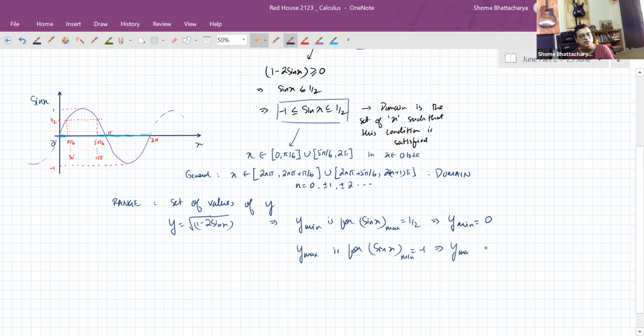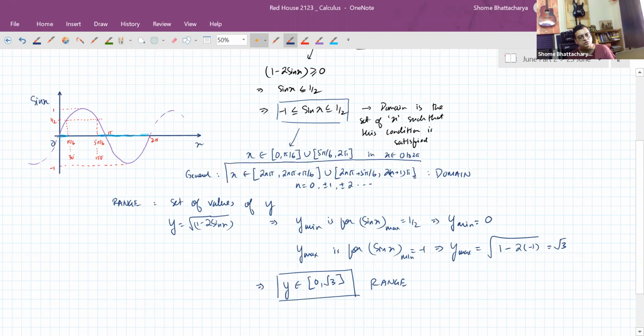So y's maximum value is square root of 1 minus 2 into -1, which is square root of 3. So that means the range is between 0 and root 3. This is becoming our range, whereas this here was the domain.